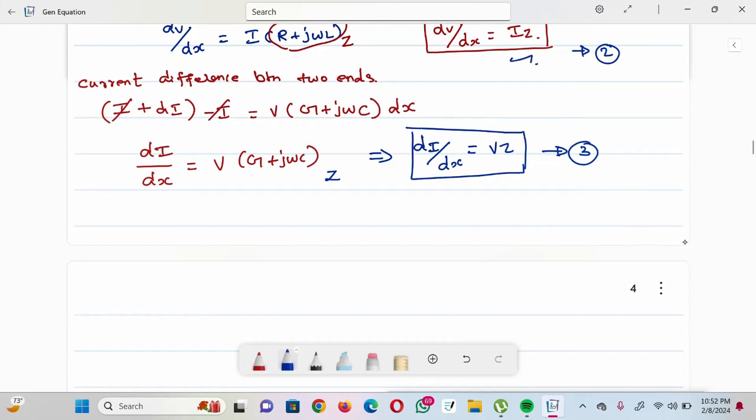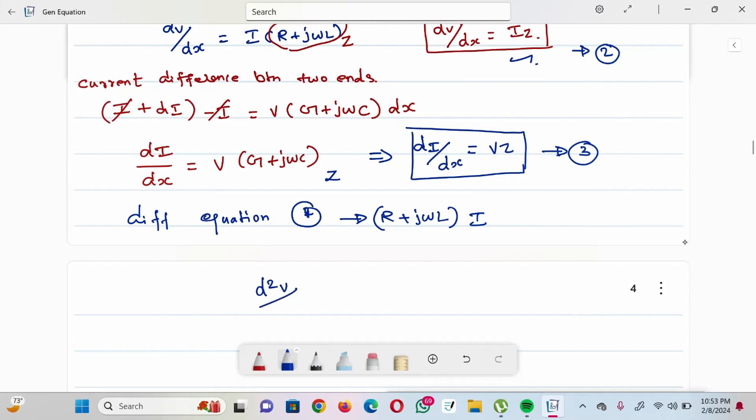So for solving and getting some values, we differentiate the equation, like the second equation, r plus j omega L into I. So this equation is called r plus j omega L into I. In the first equation we can see that we are going to differentiate it with respect to x.